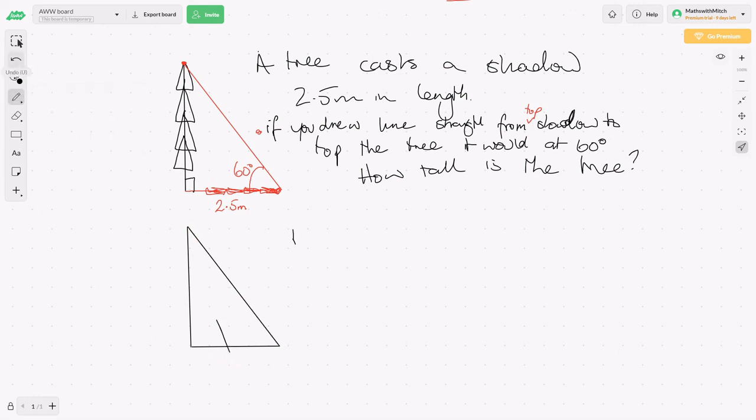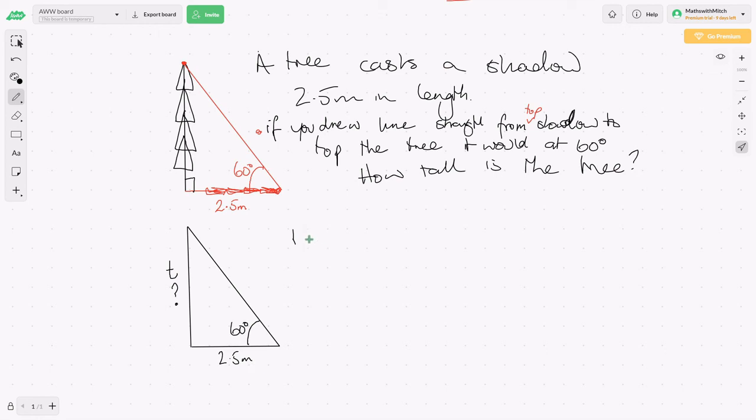So we have 2.5 meters here. We have 60 degrees. And what we want to find is how tall the tree is. So this is what we want to find here. Let's call that T, T for tall, T for tree. Again, remembering in algebra, you'll use X, Y, Z a lot. You might use A, B, C, but you can really use most letters that you fancy.